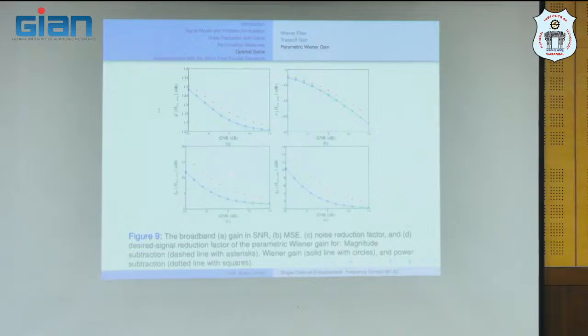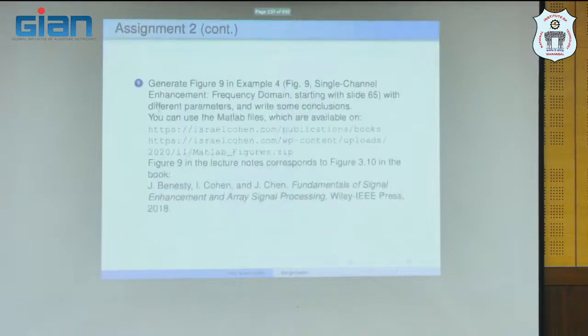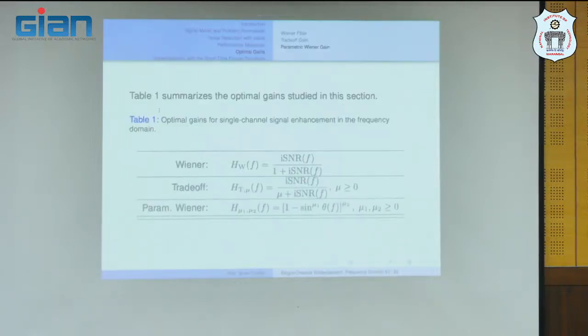What we just compared: the magnitude subtraction, the power subtraction, and the Wiener. So take maybe other signals, maybe change the type of noise, take a look at the MATLAB code, play with it. And then here we have a table that compares the Wiener, the trade-off, and the parametric Wiener gain, how it looks like.